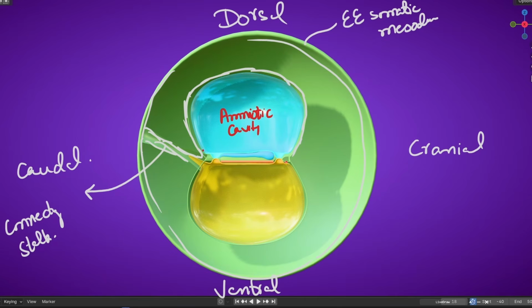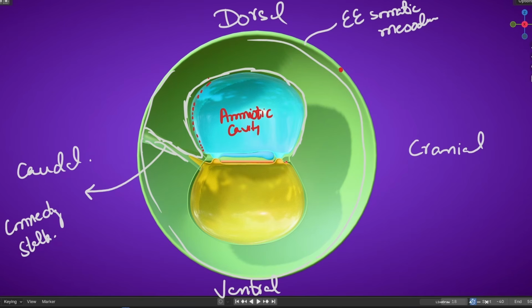Amniotic cavity is lined by this membrane, the amniotic cavity membrane, and outside it is the extraembryonic somatic mesoderm. So we have extraembryonic somatic mesoderm outside here, and then this extraembryonic somatic mesoderm is also lining the amniotic cavity as well.